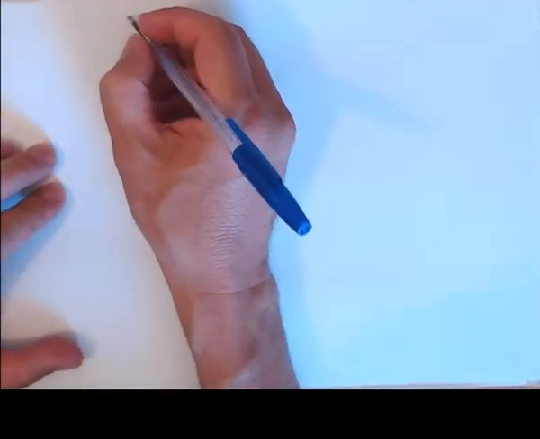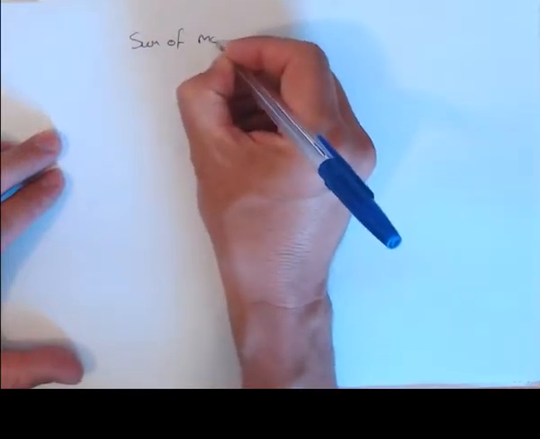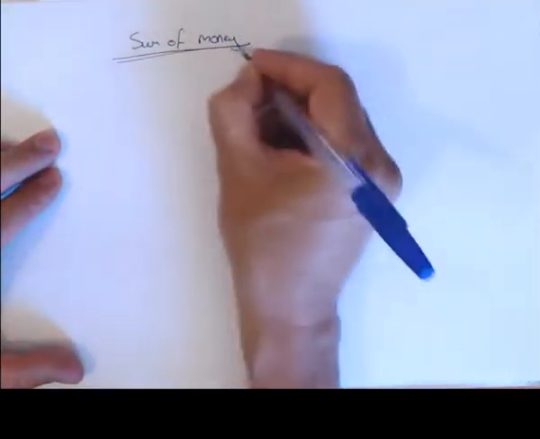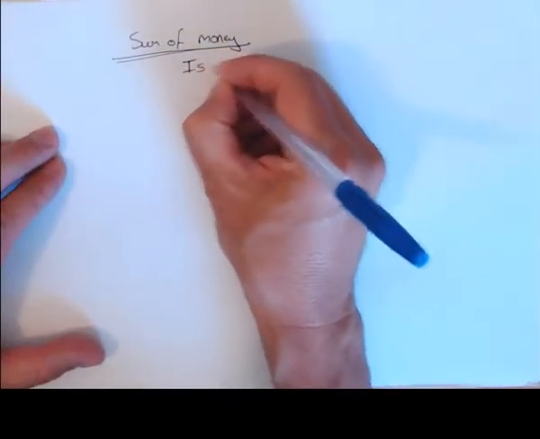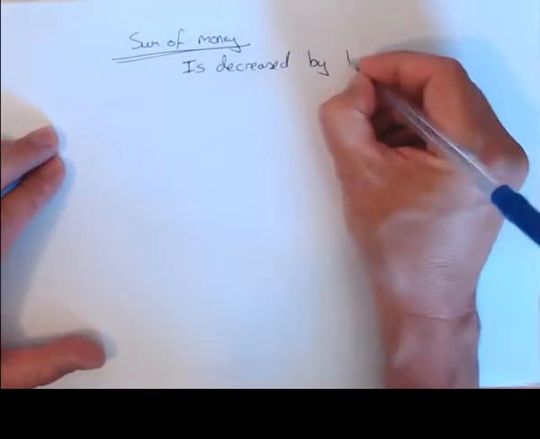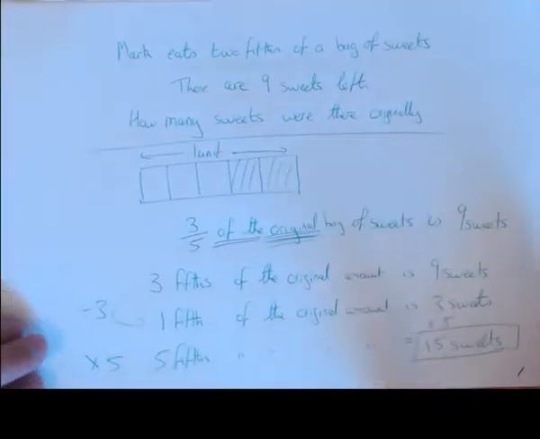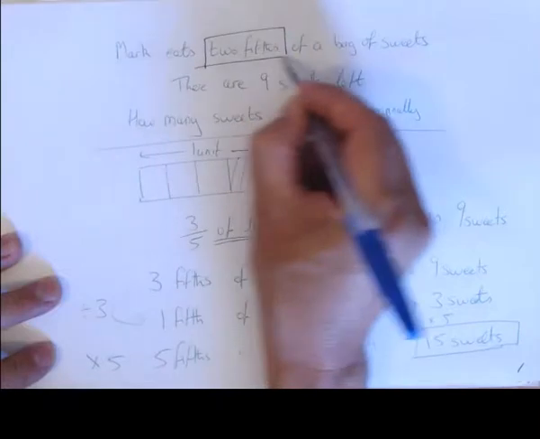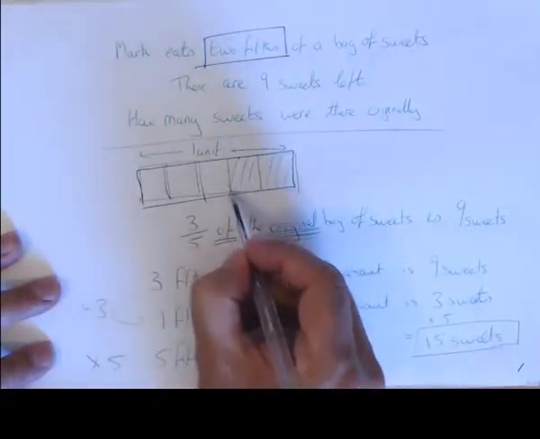So let's have a look at saying we have a sum of money, and we're going to say this is decreased by 15%. Let's go back to our original. What did we do when we were talking about fifths? We took our original, we split it into fifths, and we removed 2 of them.